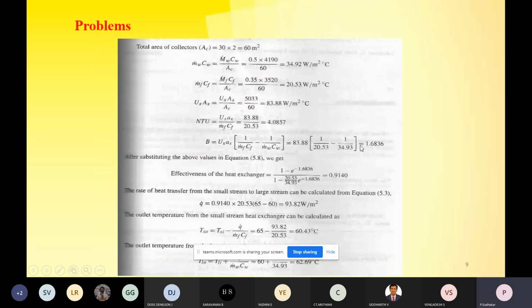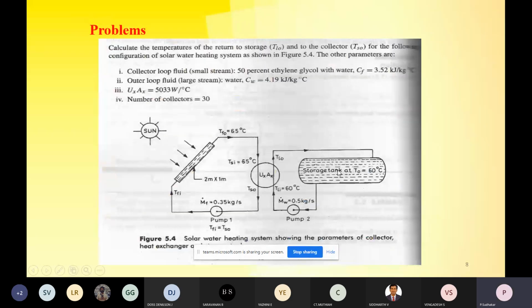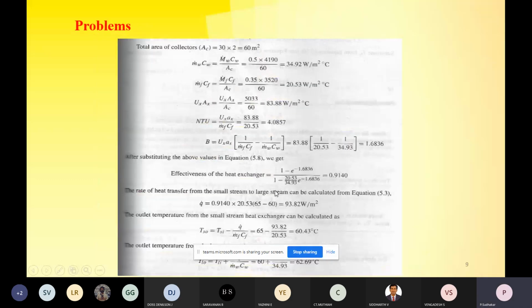So effectiveness 0.914 into 20.53 into 65 minus 60, the inlet of the small stream and the inlet of the large stream. This is the overall temperature difference in the system, right? Multiplying effectiveness into the mass velocity of the fluid flowing inside this loop into the overall temperature difference gives you the heat transfer rate of the total system. So the heat transfer rate will be 93.82 watt per meter square.